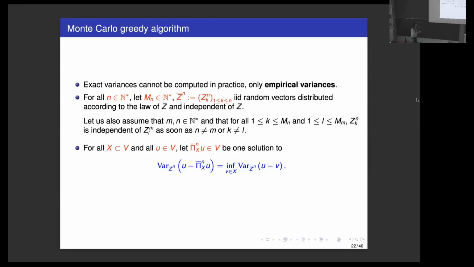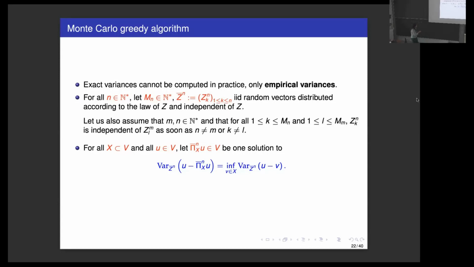These are all assumed to be i.i.d. random vectors distributed according to the law of Z. I'm also going to assume that the random samples used at the different iterations of the greedy algorithm are independent from one another, so everything is independently sampled.